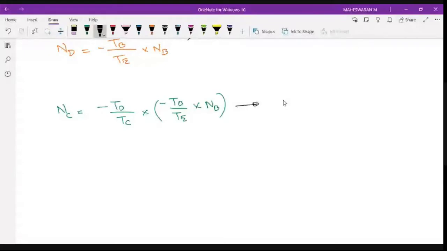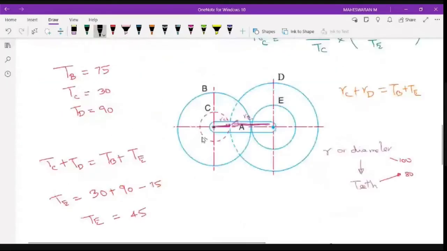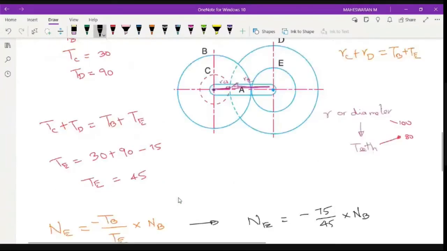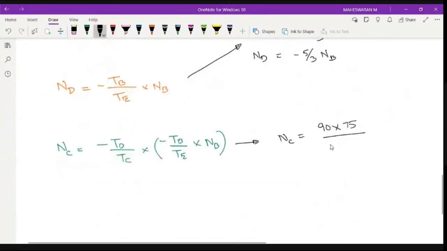NC will be equal to, minus into minus is plus, TB into TD. TB is 75 and TD is 90, so 90 into 75, divided by TC into TE. TC is 30 and TE is 45, so 30 into 45 into NB.